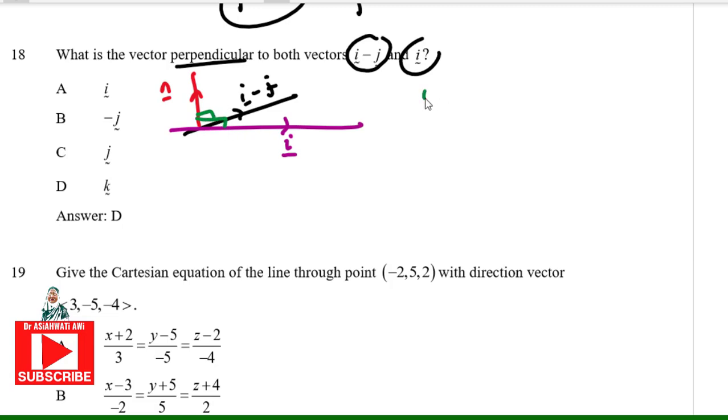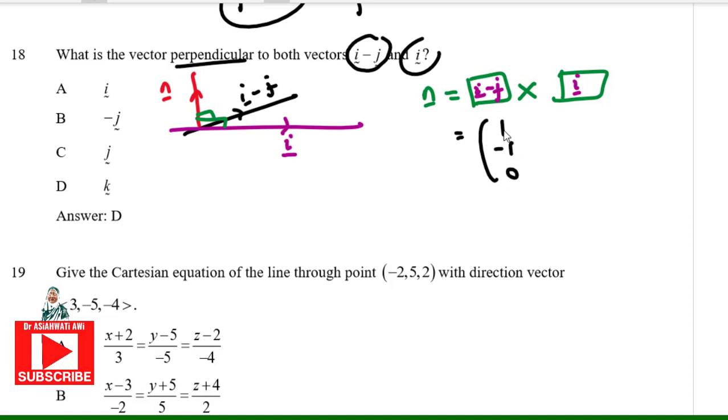So to find n, use the cross product between the two vectors, I minus J and I. Let's use this form, not the determinant. 1, negative 1, 0 and 1, 0, 0.